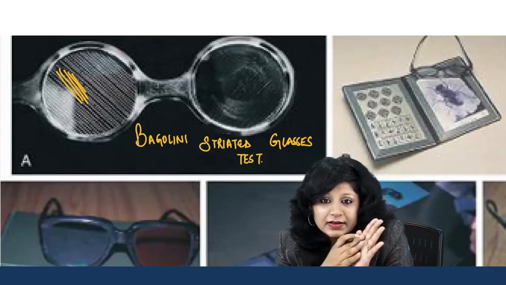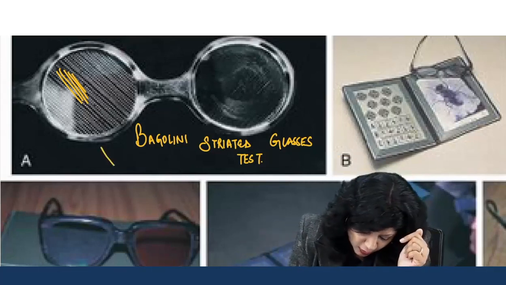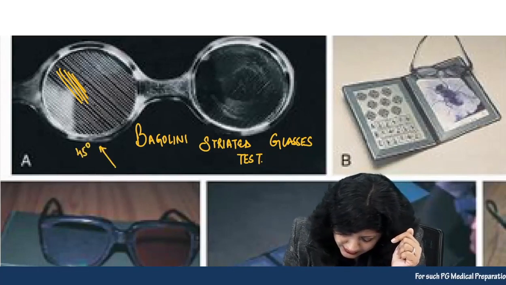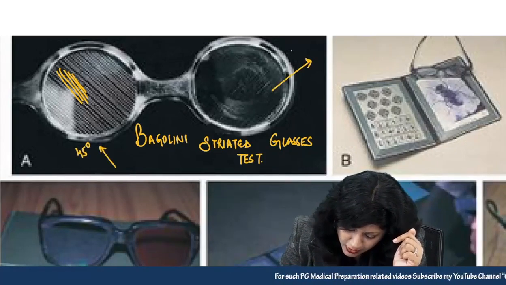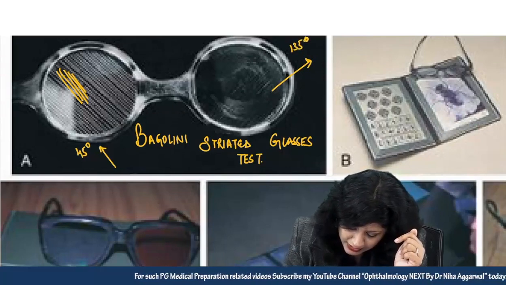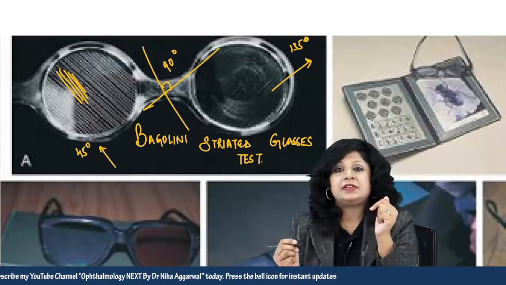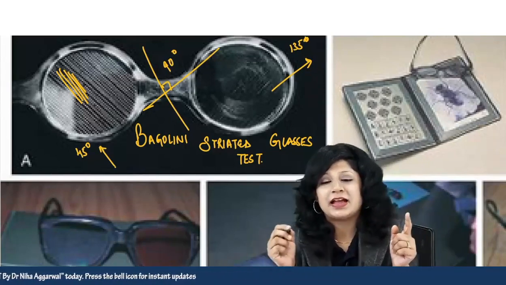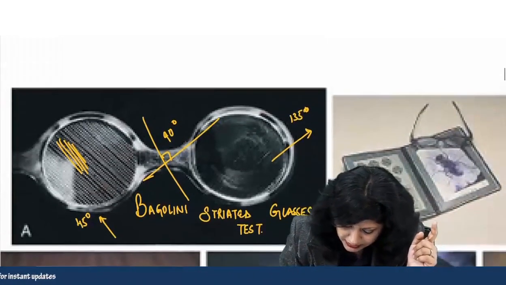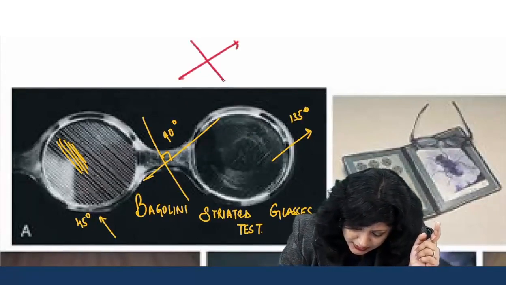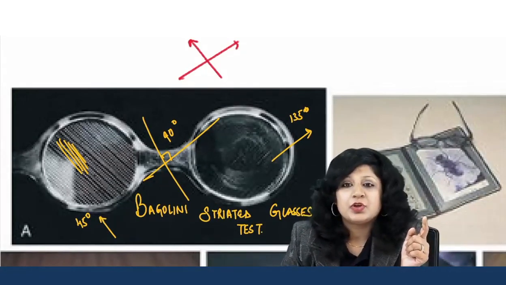One is at an angle of 45 degrees, and one is at an angle of 135 degrees. So basically they are perpendicular to each other, and when both the eyes are working, you see a cross, something like this.